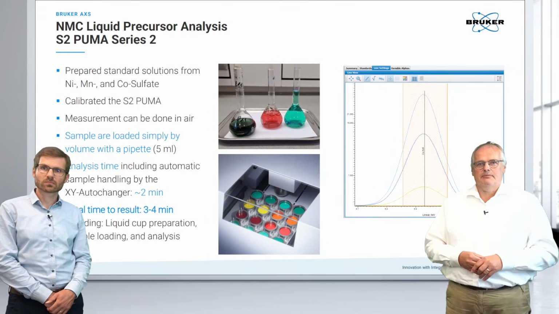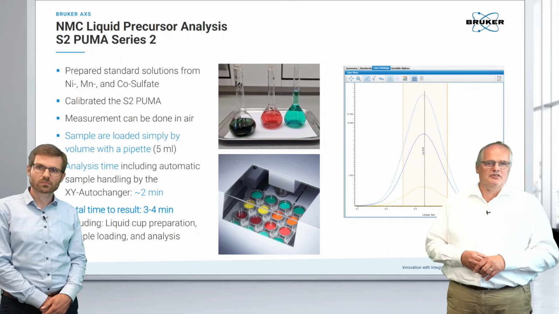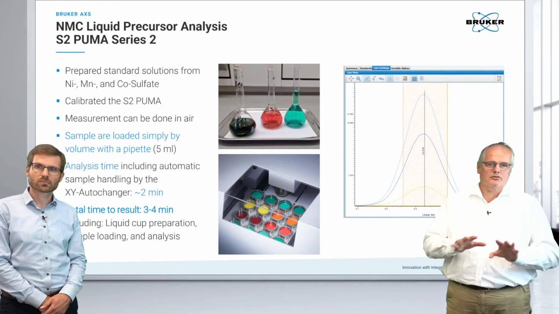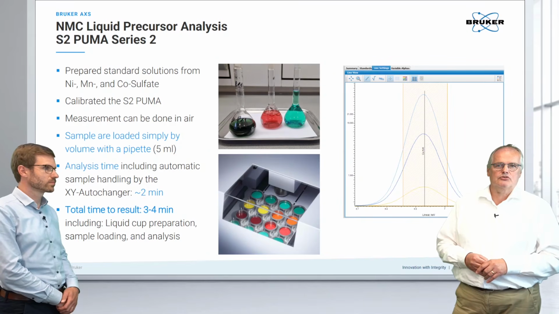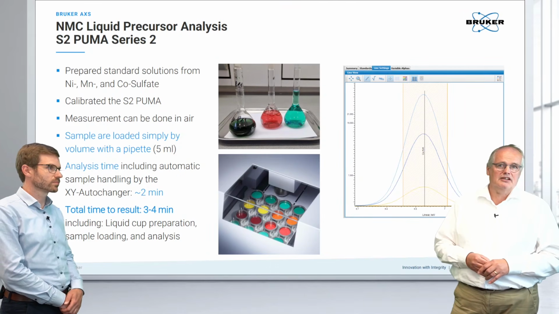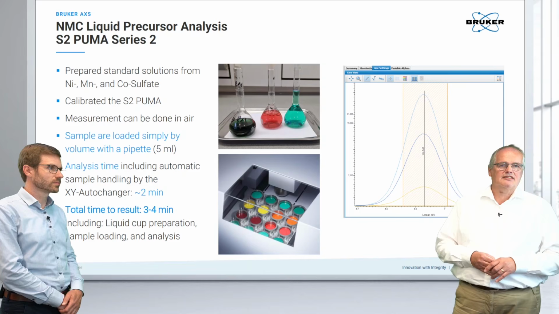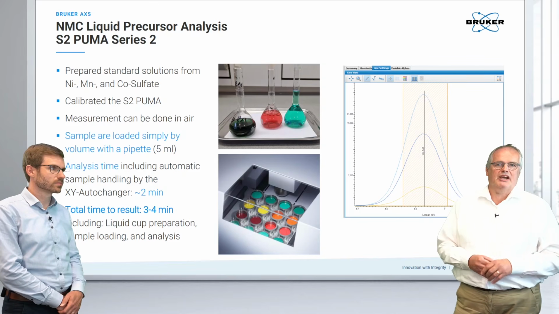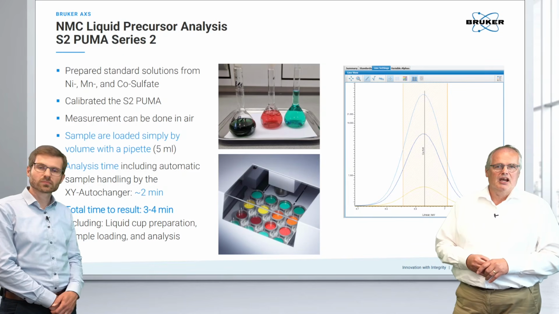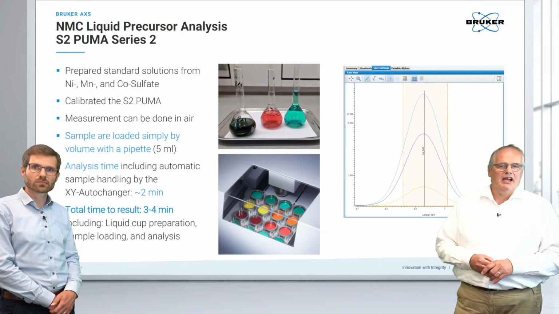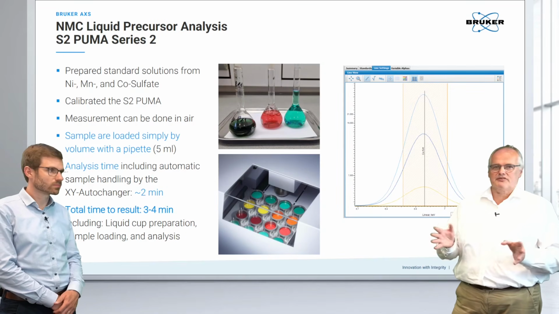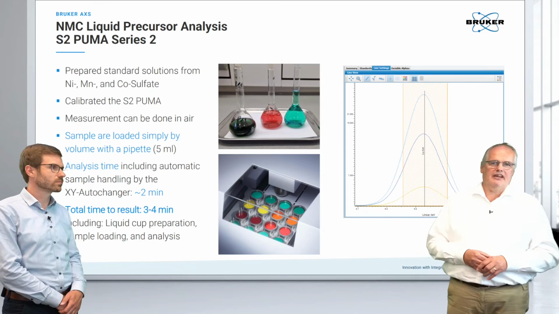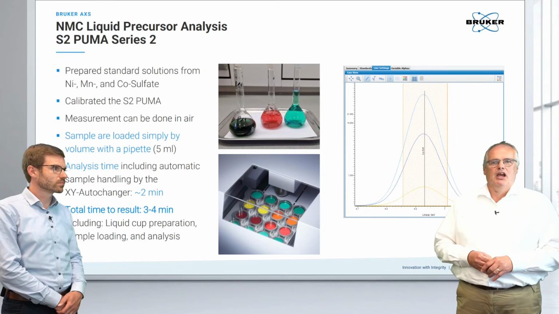First of all, it's very simple to do a straightforward calibration because those are pure chemicals. So we can create the calibration solutions using nickel, manganese and cobalt sulfates. We calibrated our benchtop energy dispersive instrument S2 Puma. And we are analyzing the liquids under air because for those elements we don't have any significant absorption.